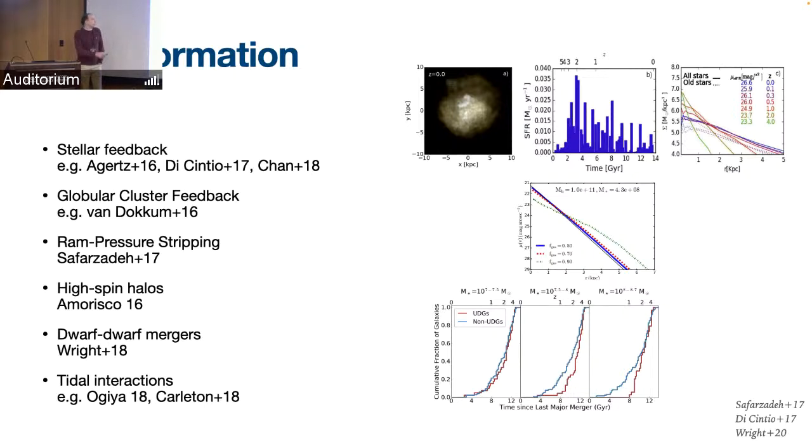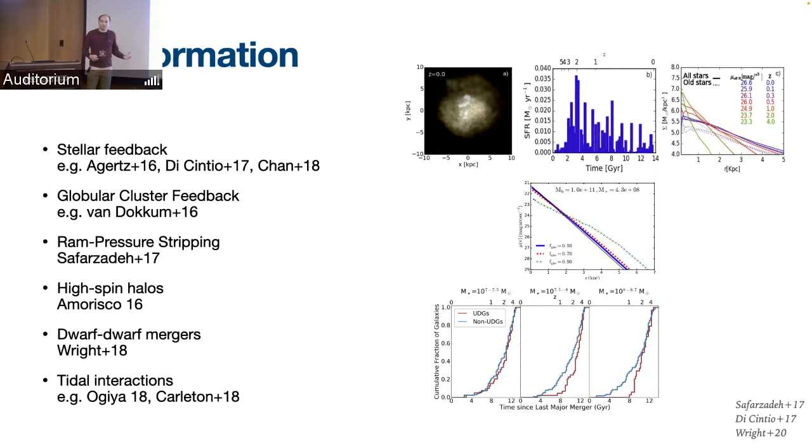For example, if you're a big fan of some recent hydrodynamical simulations, you think that stellar feedback is really important, and you could have really diffuse galaxies naturally come out of those simulations. Or maybe there's some cluster-specific feedback. You can imagine if you're in a high angular momentum halo, you get this distribution of larger galaxies.